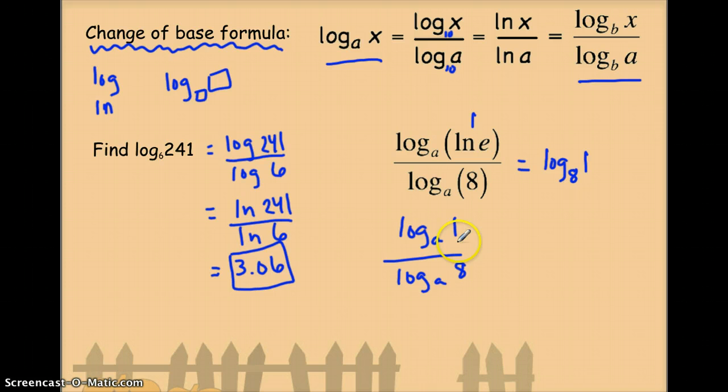I know that looks strange, but just kind of go backwards. See how what's on the bottom is the base? And what's on the top goes here. So 1 is on the top, goes here.